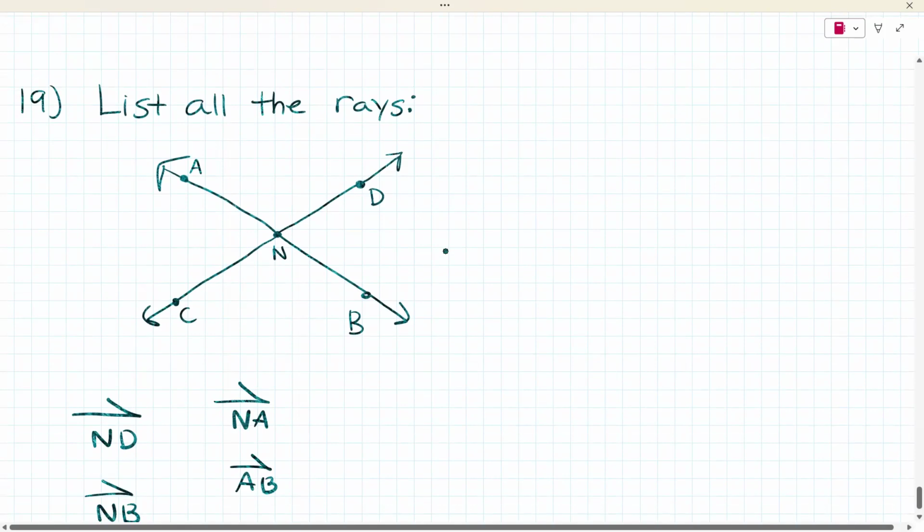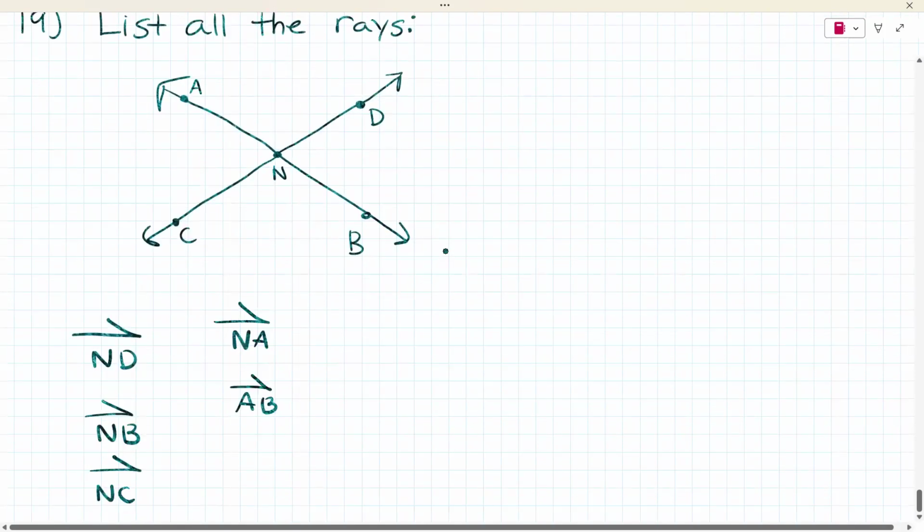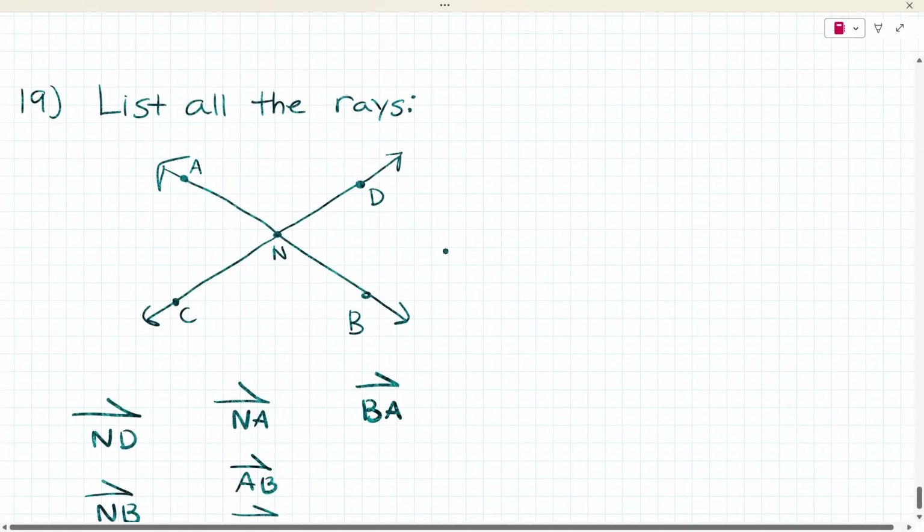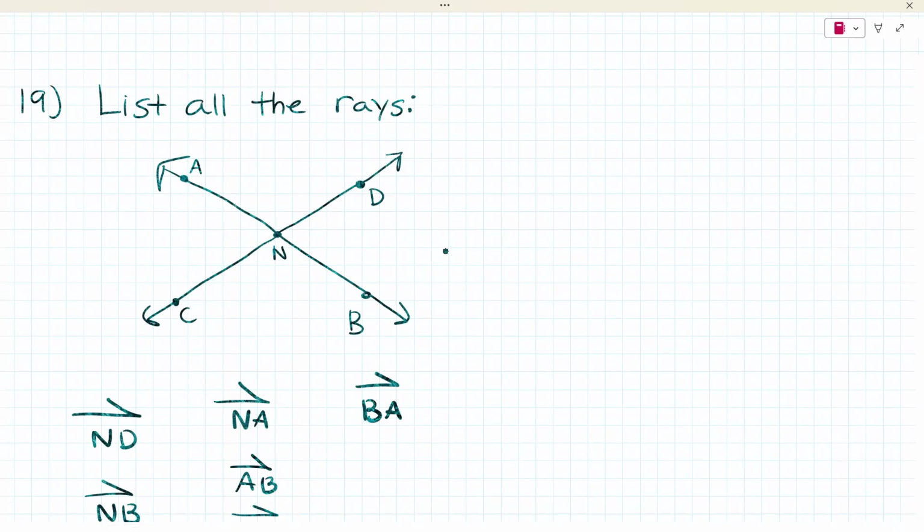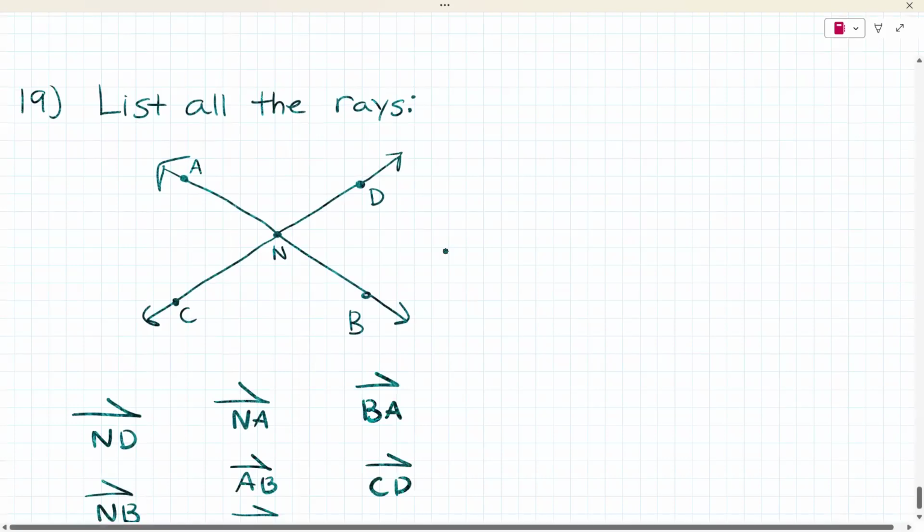You start at point D and it never ends at point C. Ray DC. And then another one could be ray BA. Here's point B and here's point A. So BA. And another one can also be expressed, it's just limited, right? Ray CD.